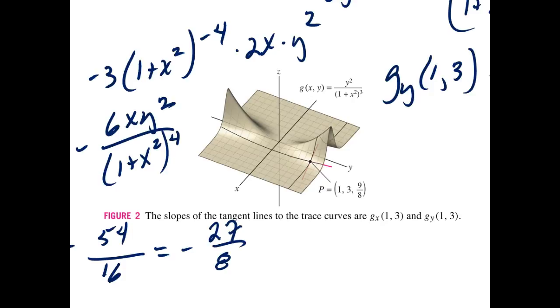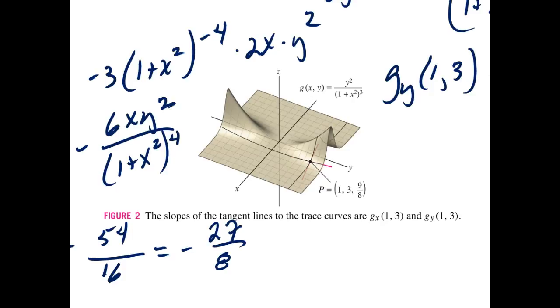Here's the xy axis. Obviously, 2 spaces is 1. So there's the 1. 3 would be 1, 2, 3. So every block there is half a space.